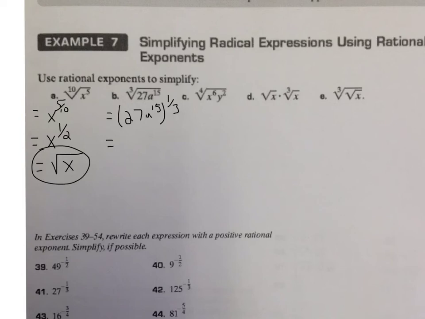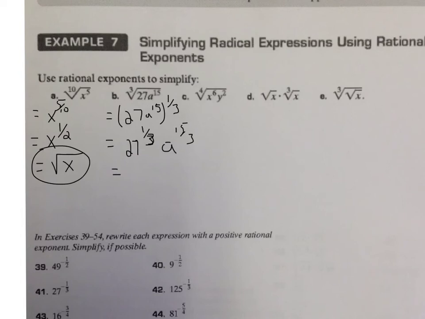We take each factor to the 1/3, so we'd get 27 to the 1/3 and a to the 15th to the 1/3. You'd multiply the 15 times 1/3, so that would be a to the 15 over 3, which is the same as 5.